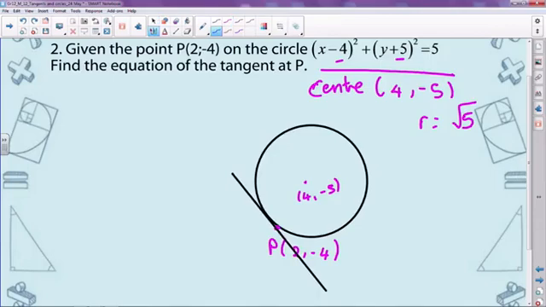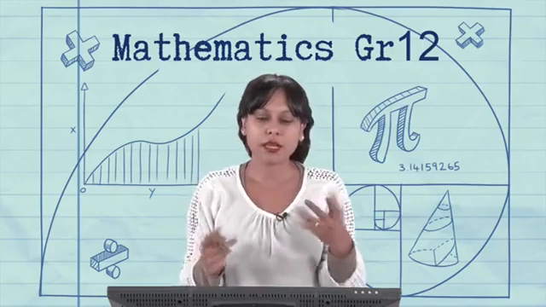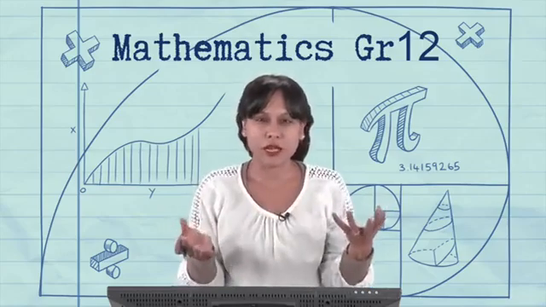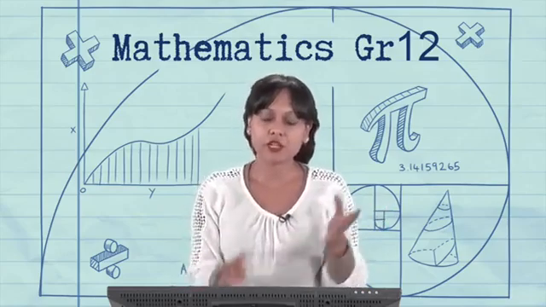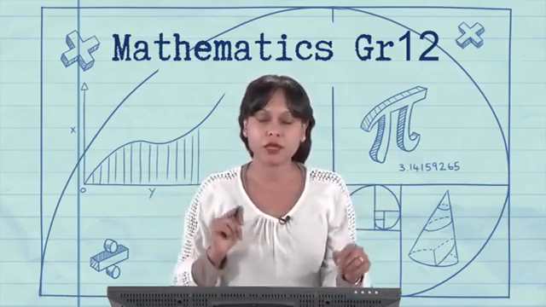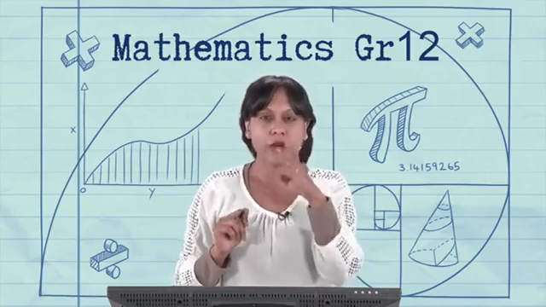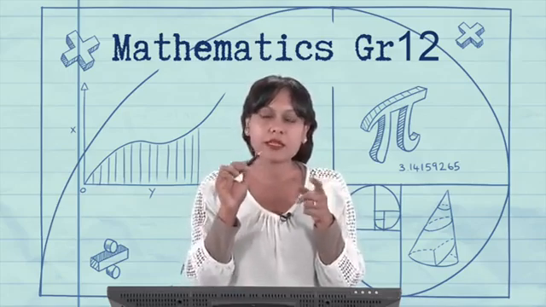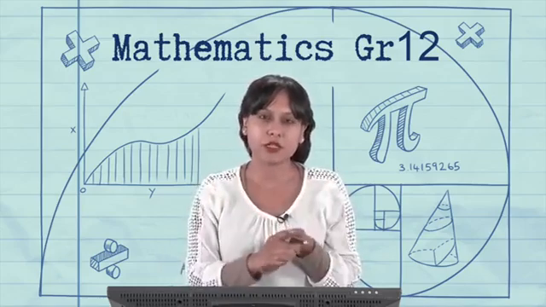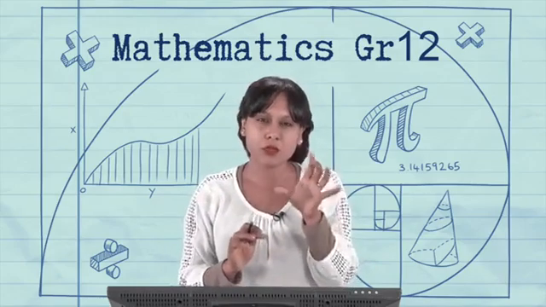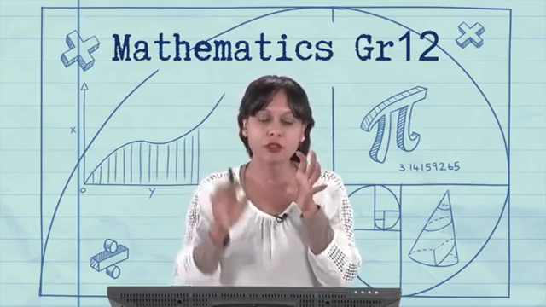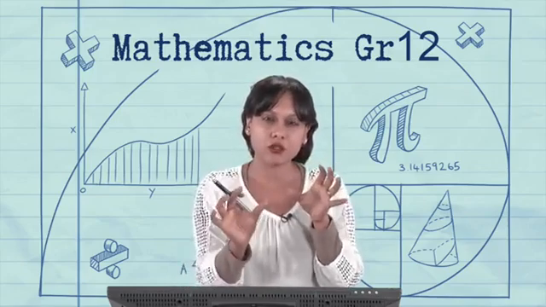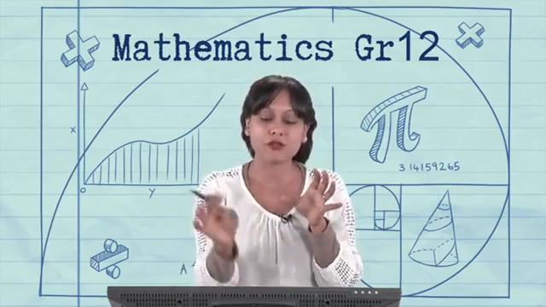Now we need to draw on some important things that we've already learned about tangents drawn to circles. Firstly, the tangent is just a straight line, so I know the defining equation, y = mx + c. We also learned that when the tangent meets the circle at the point of contact, the tangent is perpendicular to the radius. That's important because if I've got the two points, I can use them to work out the gradient.